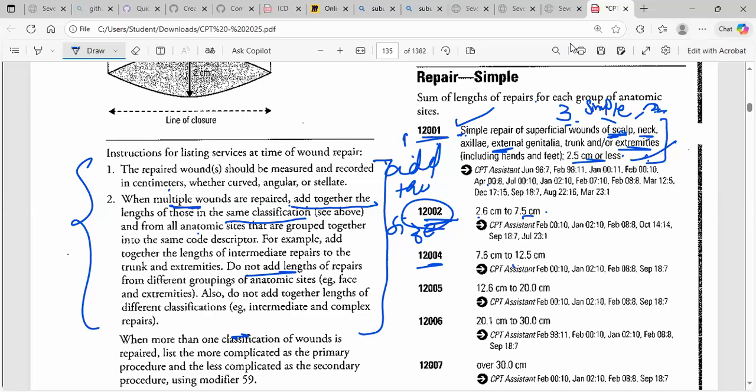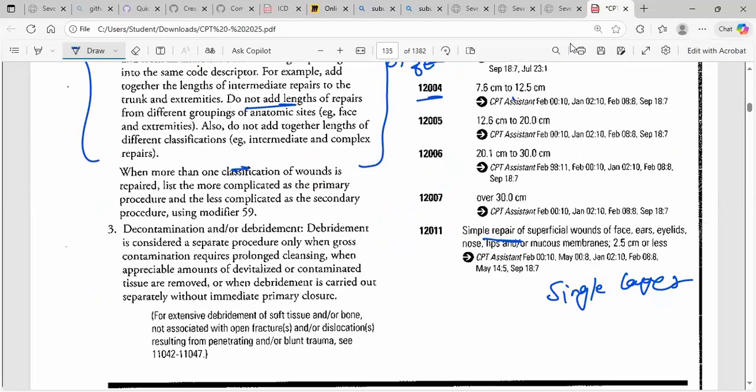But ma'am, the note says do not add the lengths of repairs from different groupings of anatomical sites. Yes, different grouping. Let's say there is a simple repair of the scalp as well as a simple repair of the face, then you are not going to add it because these two are from different groupings of anatomical location.